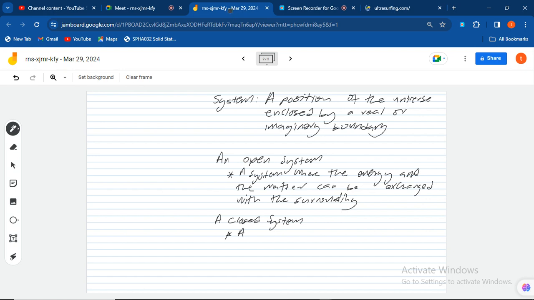This is a system where energy, which you can regard as heat, but not matter, is exchanged with the surrounding.